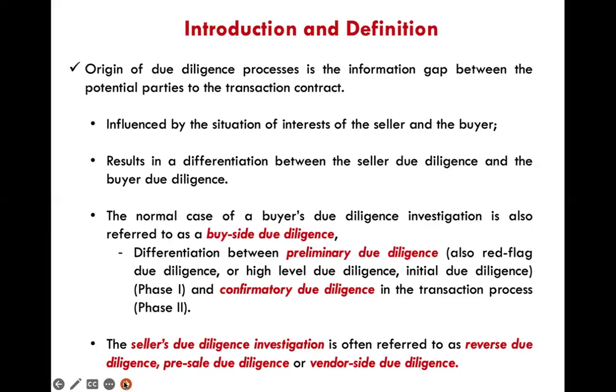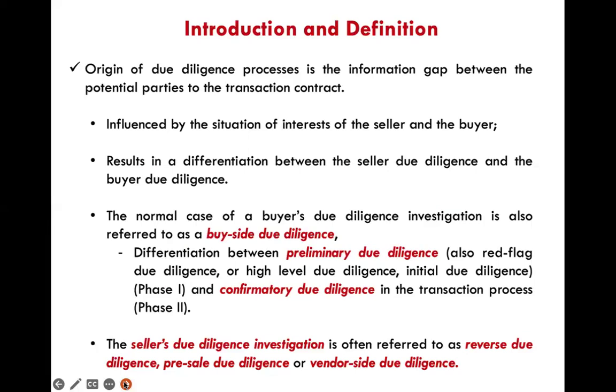And so when we think of the buyer's due diligence, we are often thinking about what is called the buy-side due diligence. And this buy-side due diligence may usually come in two forms. So the first is what is referred to as a preliminary due diligence, or what some scholars may refer to as a red flag due diligence, or high-level diligence, or initial due diligence.